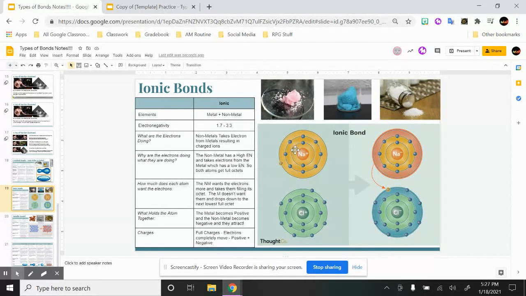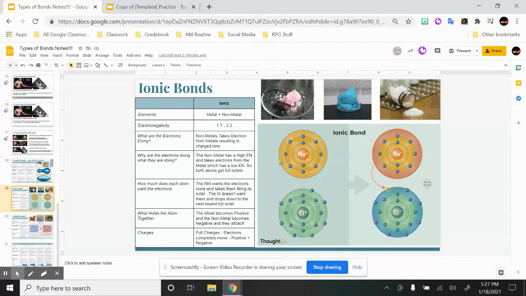Now, if we look at atoms here, this metal has just one extra electron in its outer ring. And this nonmetal has 7. So what's going to happen is this nonmetal has a higher electronegativity, it has a higher strength, and it's going to take that electron from the metal, which is weaker.